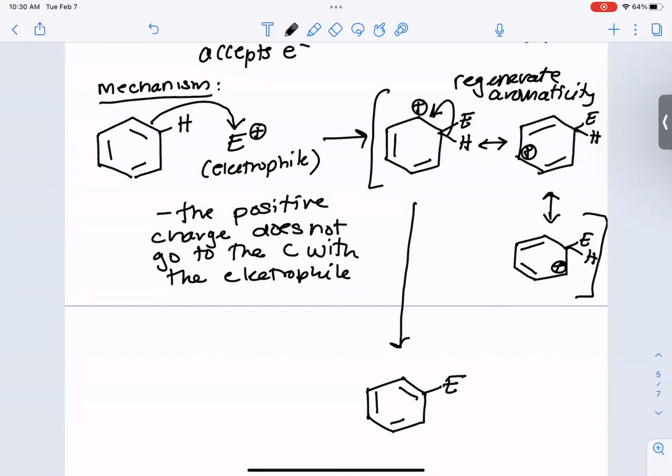So remember, we're going to deprotonate the carbon that has the electrophile. It's a substitution reaction.